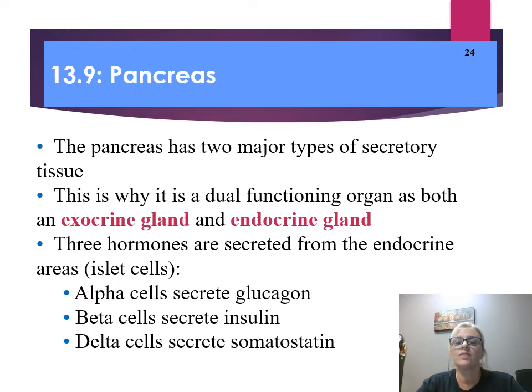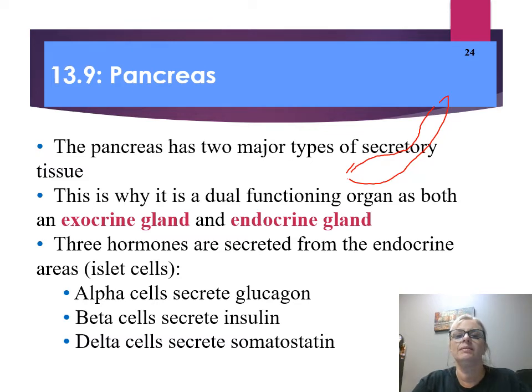So the pancreas functions as a part of the endocrine system and part of the digestive system. So remember, the exocrine secretes to the outside of the body through a duct, and endocrine releases hormones into bodily fluids. So the pancreas is an elongated, partially flattened organ posterior to the stomach, and it kind of looks like that.